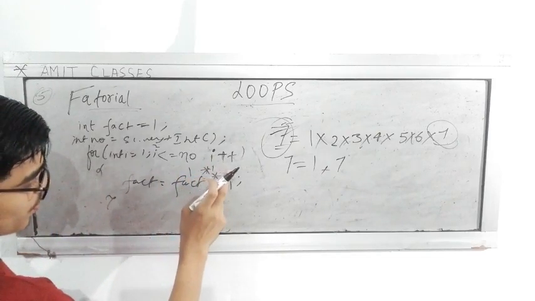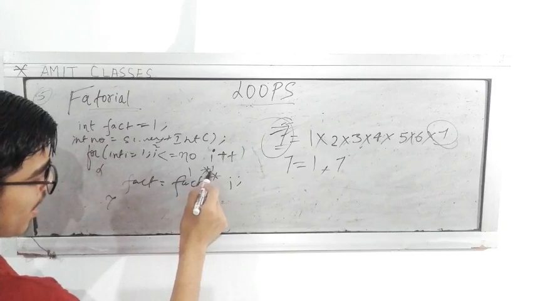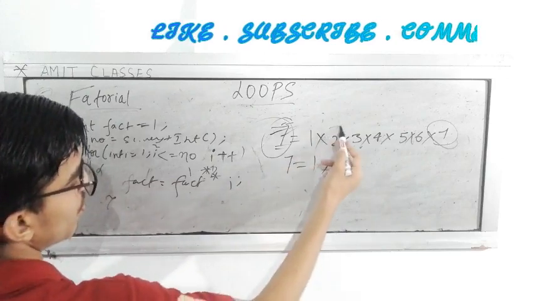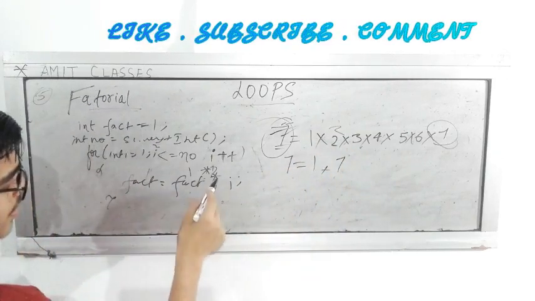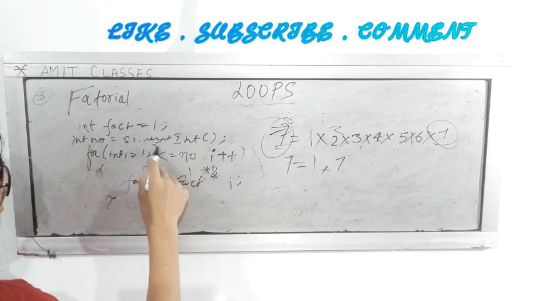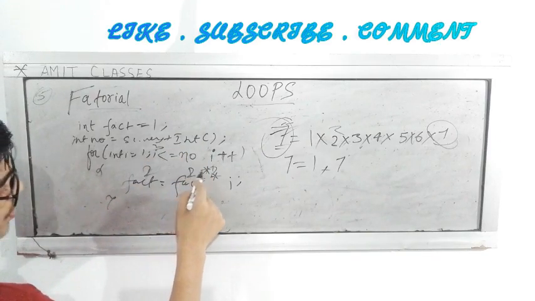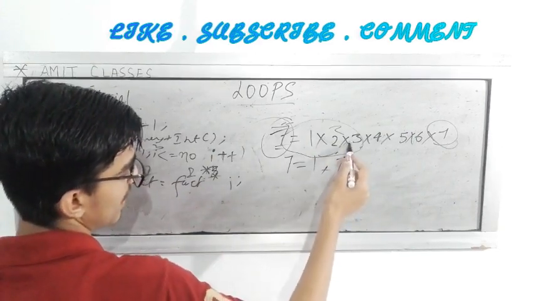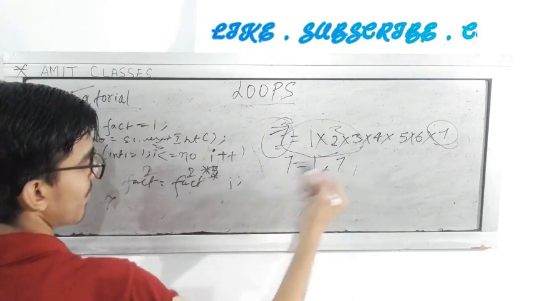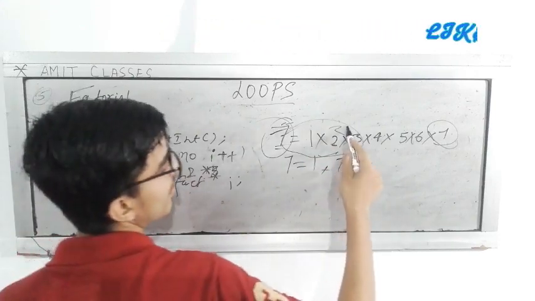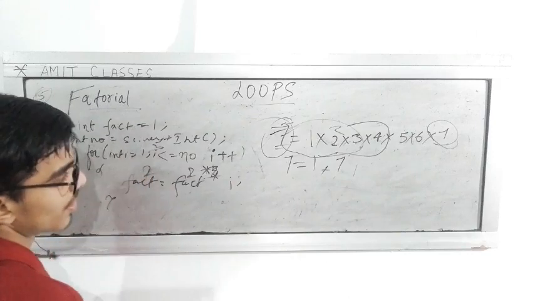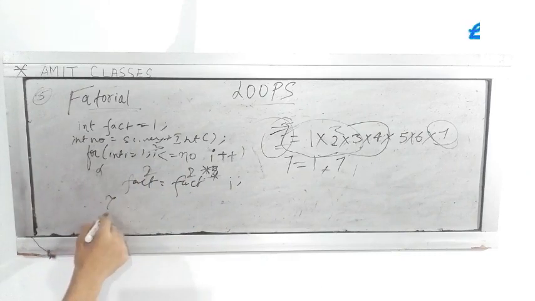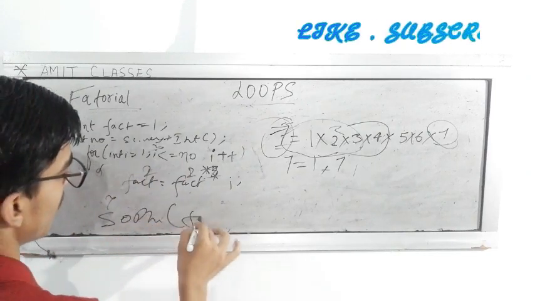Then fact is 1, 1 into 2 is 2. After this fact becomes 2 and I becomes 3. Then 2 into 3 is 6, and 6 into 4 is 24, and so on. This is the program and logic, SOPLN fact.